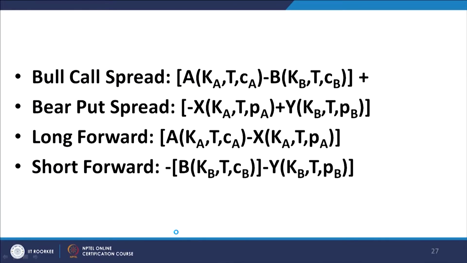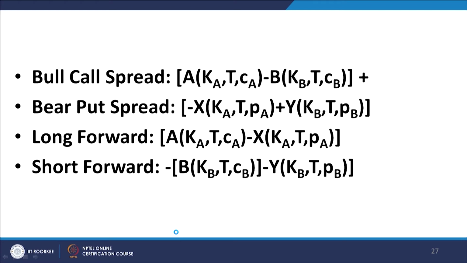A box spread consists of 4 options. This can be viewed as a bullish call spread and a bearish put spread, and we can also view it as a long forward position and a short forward position. Let us see how. It is very interesting. Bull call spread is this, we have talked about this. Bear put spread is this.